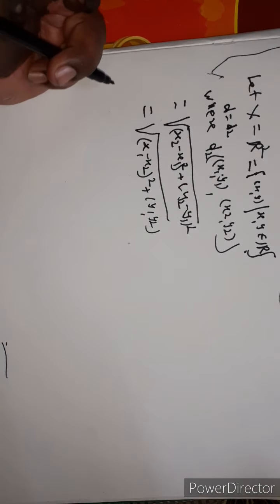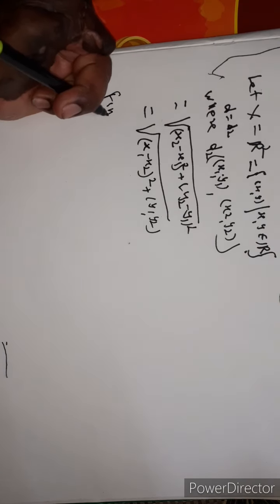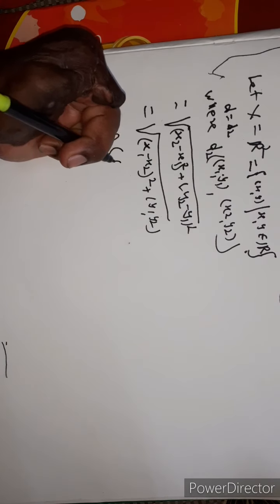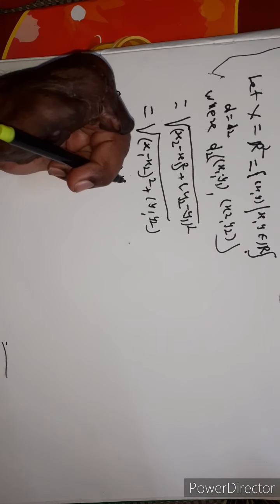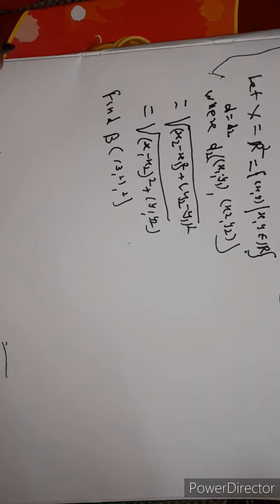Therefore, in the metric space (X, D), find the open ball centered at the point (3, 2) and radius 2.